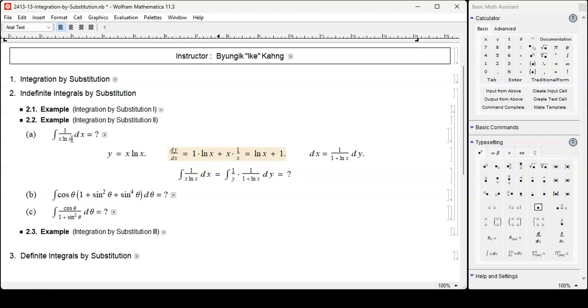Now, if you just take y as log of x only, then the derivative is just 1 over x. And 1 over x is available here. Do you see that?